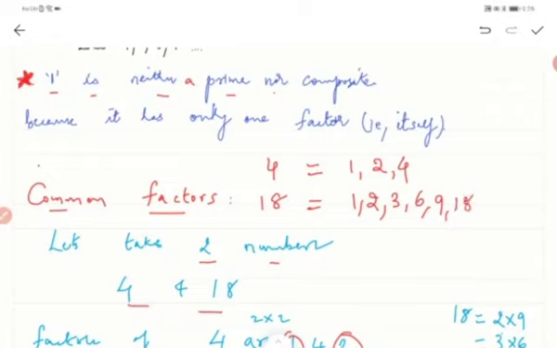So you have these many factors for the number 18.